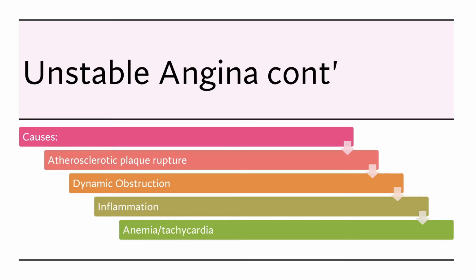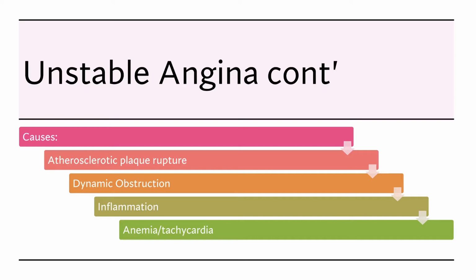You could also have a dynamic obstruction, which is basically just a spasm of the artery. So nothing has happened to the plaque necessarily, but something has triggered a spasm, which causes an occlusion of the artery.